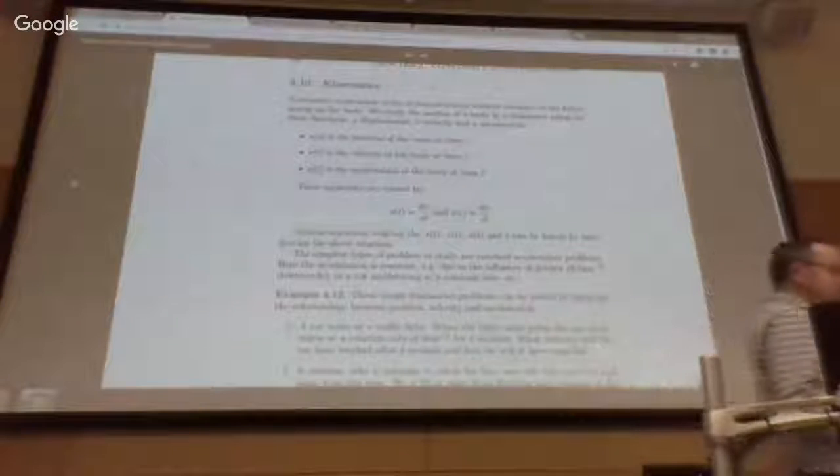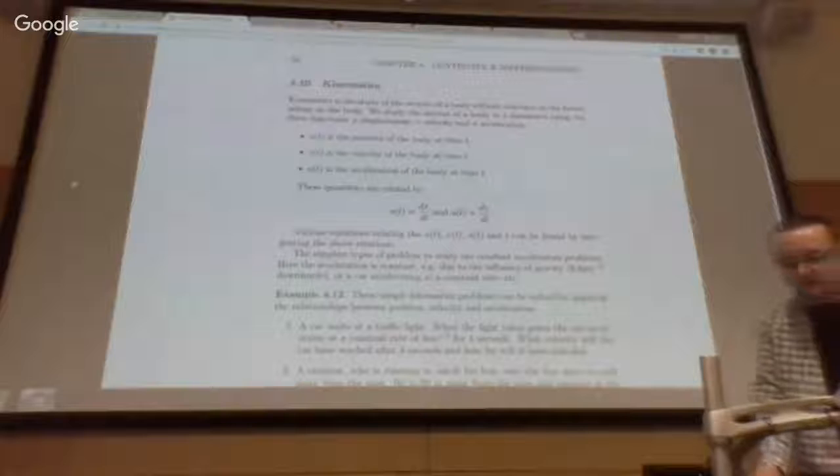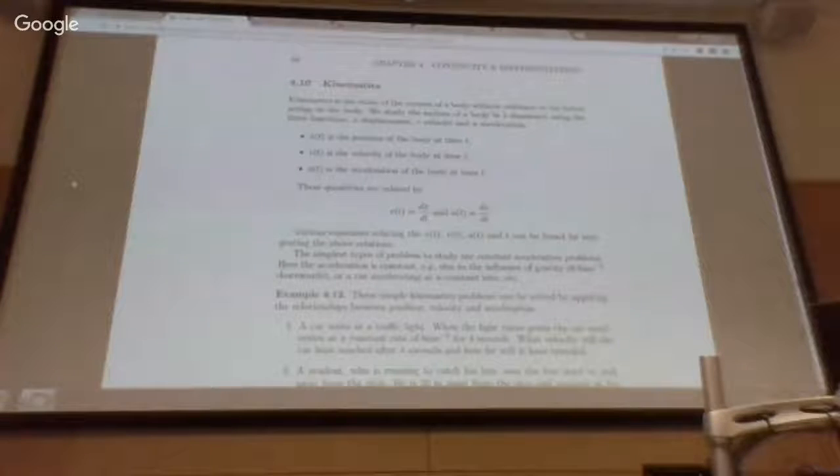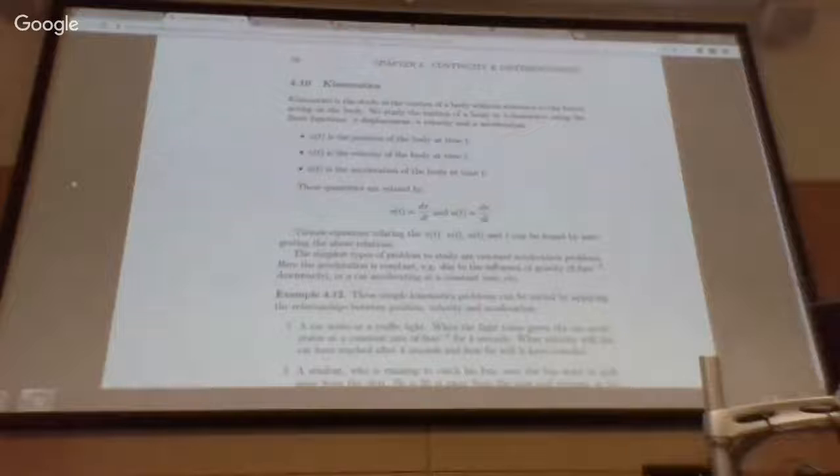So kinematics is the name given to a simple modeling procedure for the motions of bodies, of objects, without too much specific detailed reference to the physics or the forces that are going on. It's just being able to track the motions of things in terms of their position, velocity, and acceleration.